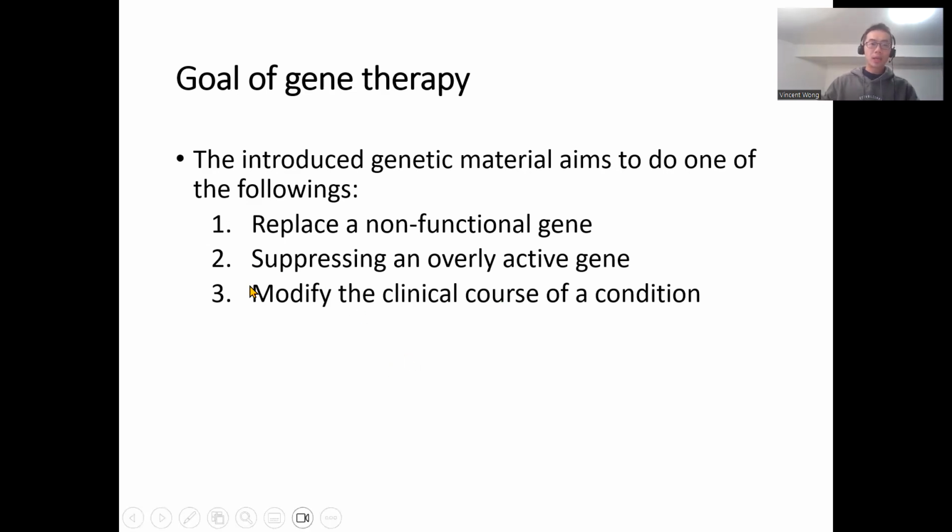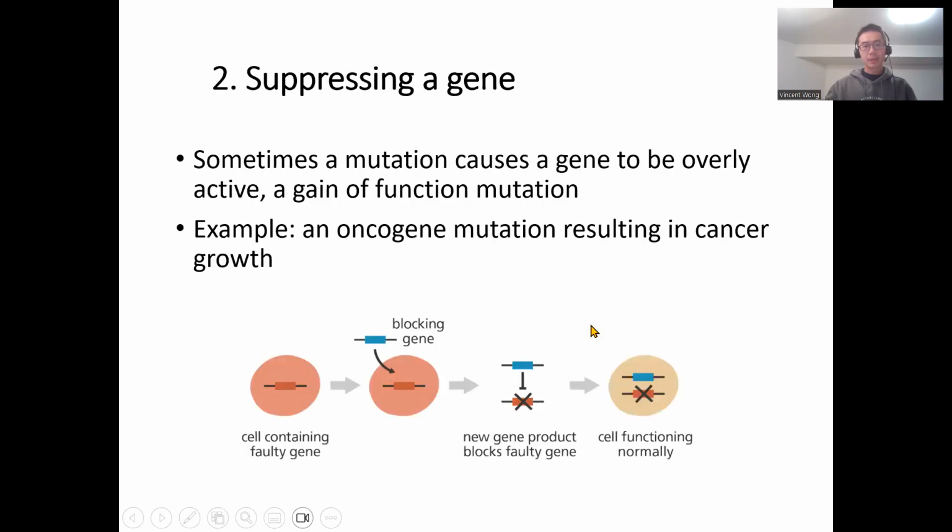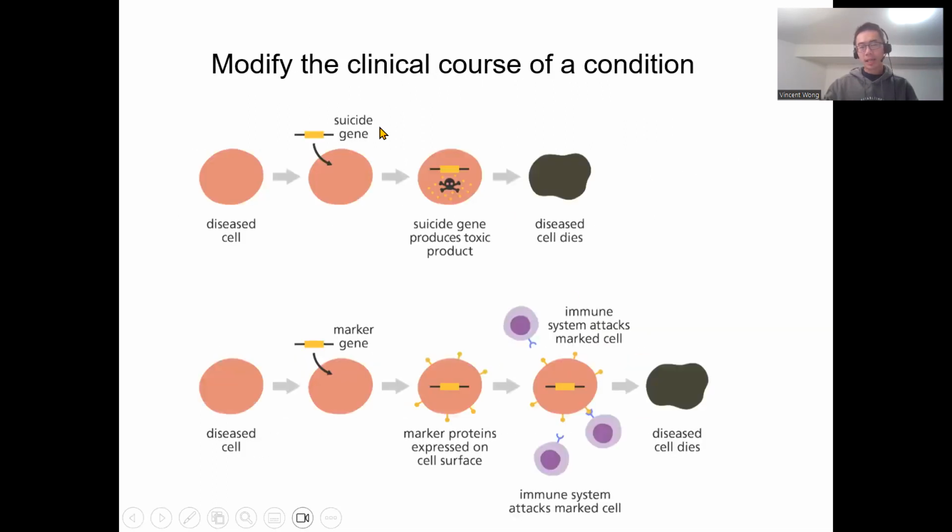We can also use a gene to suppress an overly active gene, by inserting a gene that will suppress an oncogene, for example, that could slow the cell division in a tumor. We can modify the clinical course by adding a suicide gene into, say, cancer cells, and it will cause them to kill themselves, which is great. The tumor will shrink and basically destroy itself.